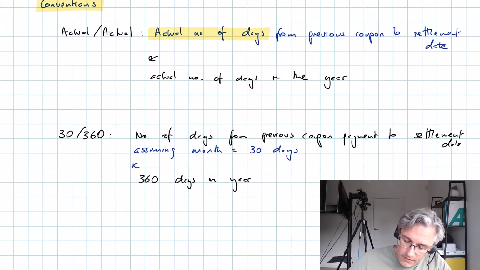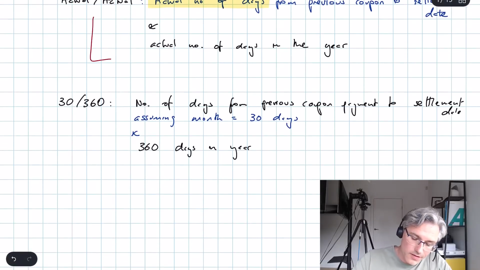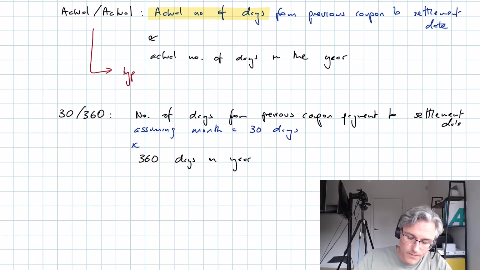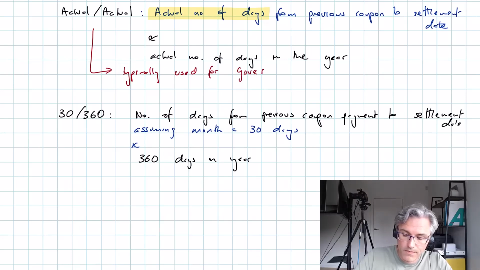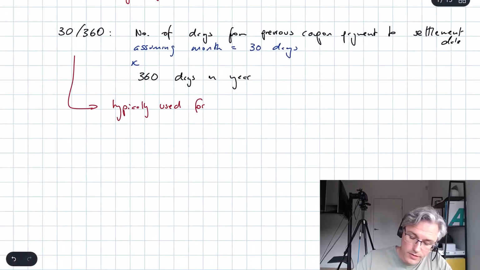Now, the first convention, actual by actual, will be typically used for government bonds. Whereas the second one is typically used for corporate bonds, corporate securities.